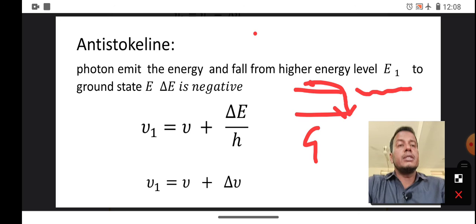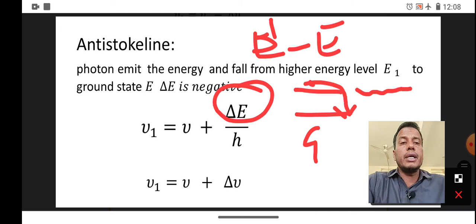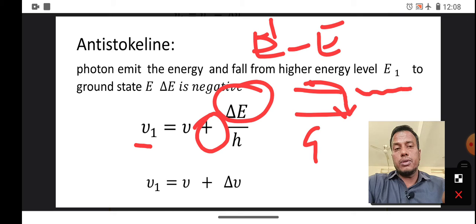So delta E means E dash minus E, and this becomes negative.